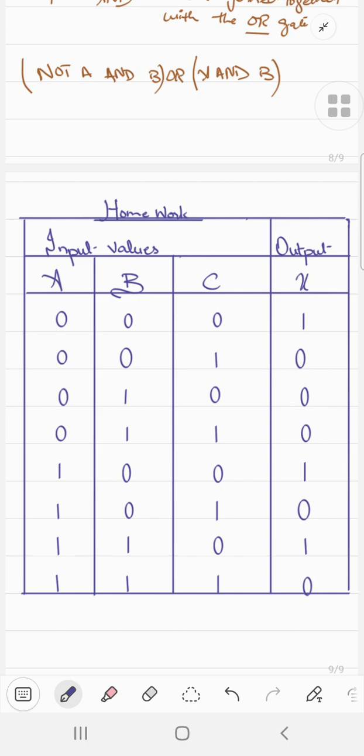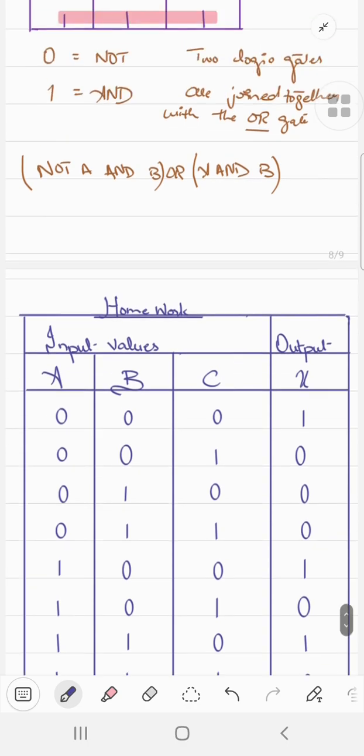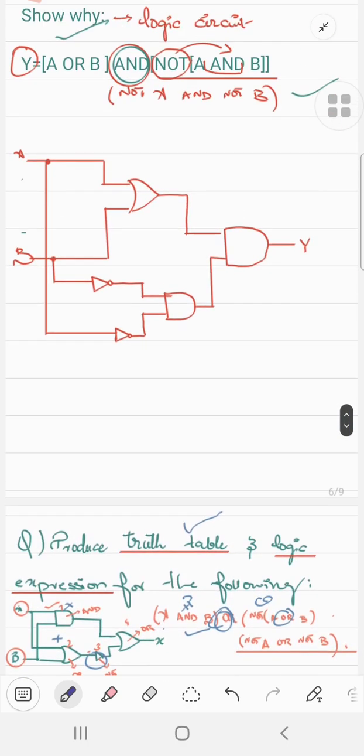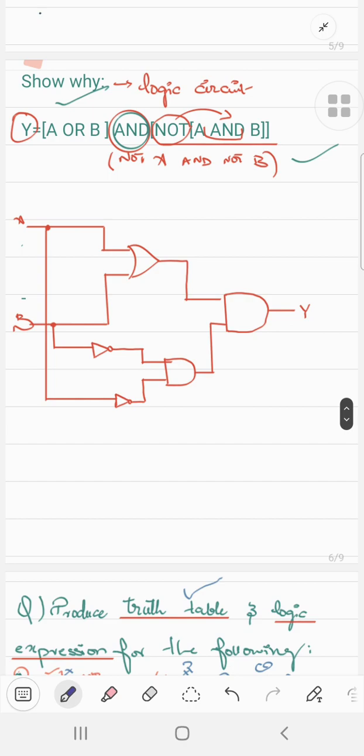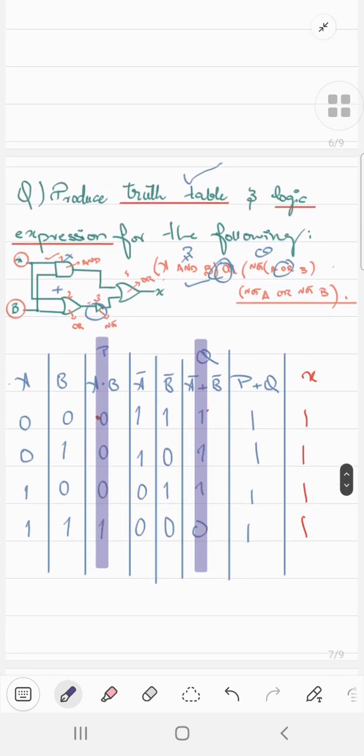Let's just review what we have studied today. Today we made the logic circuit from the following logic expression. We produced the truth table and the logic expression from the following circuit. This is the circuit that we used. This is the logic expression that we made, and this is the truth table that we made.